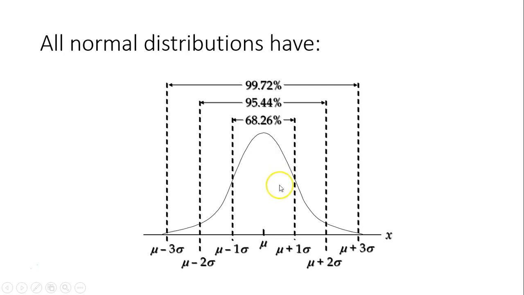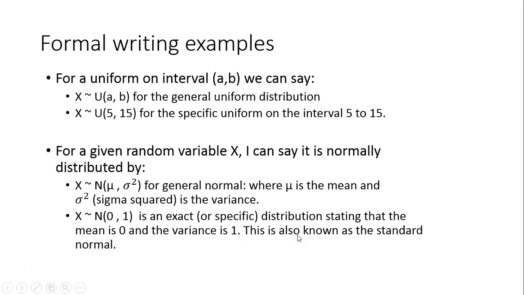Plus minus 2 standard deviations is 95.44%, and plus minus 3 standard deviations is almost the entire distribution, 99.72%, or 0.9972 of the area. The area here to here is 0.9972. And of course, that means the area here to here is 0.6826. Okay, everybody?